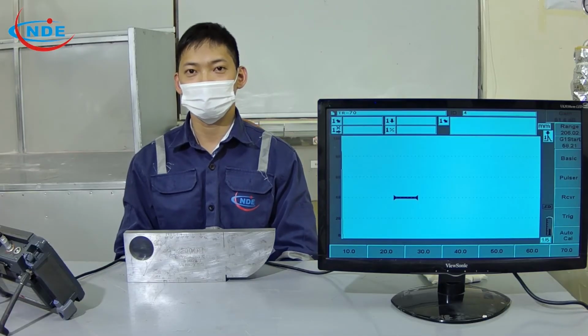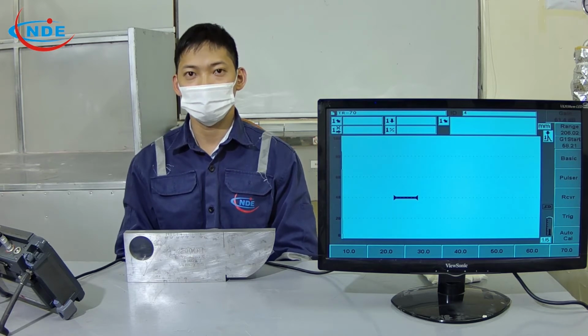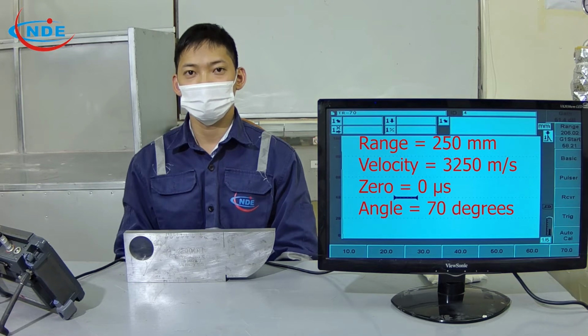In the next step, the calibration of the angle probe using the V1 calibration block. Firstly, set up the examination parameters like you see on the screen.